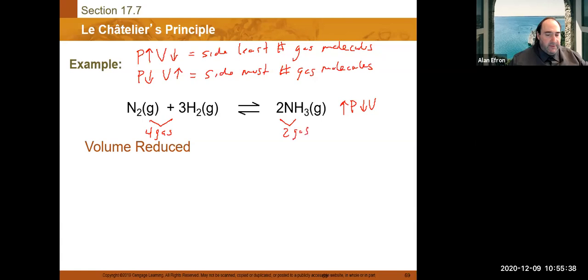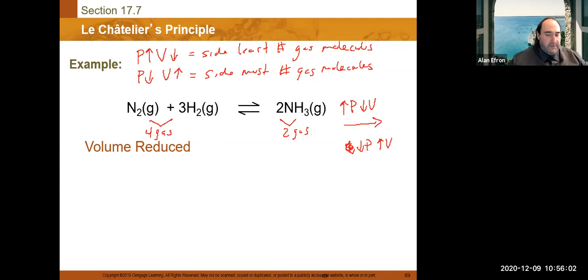We would want to shift to the side with the least number of gas molecules, so it would shift to the right, as the right-hand side has the least number of gas molecules. If we did the opposite, we decrease the pressure and increase the volume.